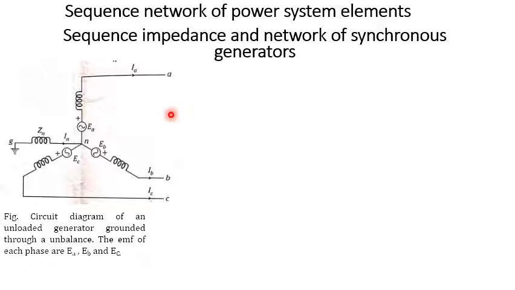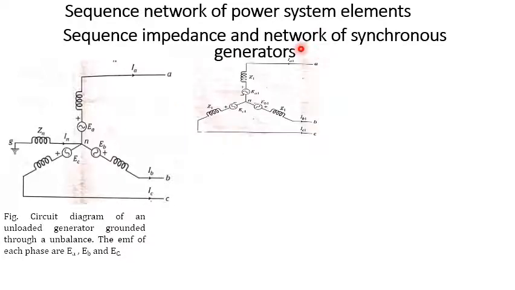Since the synchronous machine is designed with symmetrical windings, it induces EMF of positive sequence only: EA1, EB1 and EC1. This figure shows the positive sequence network model for the synchronous generator.